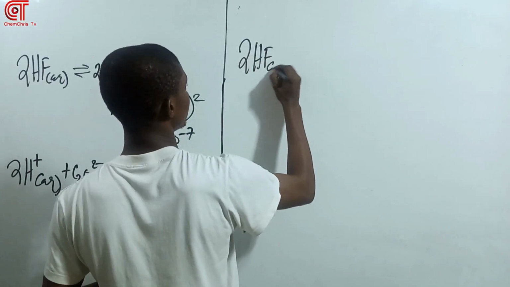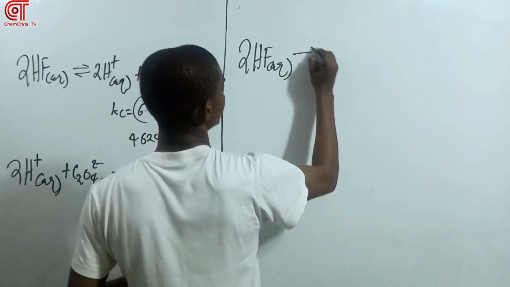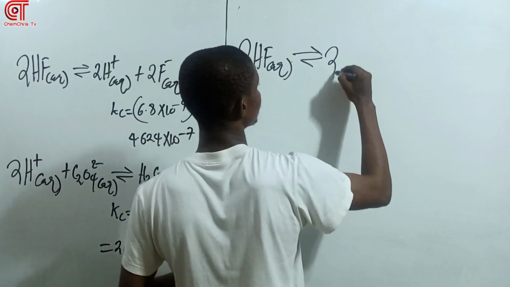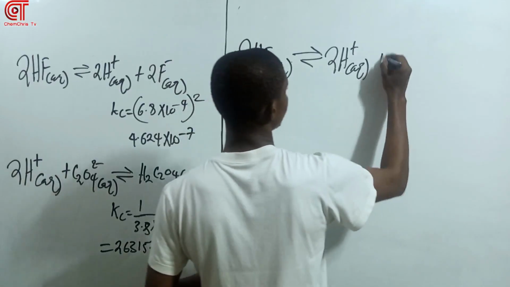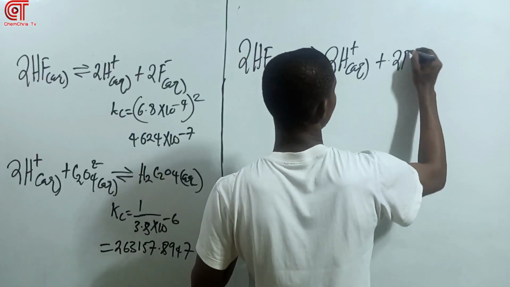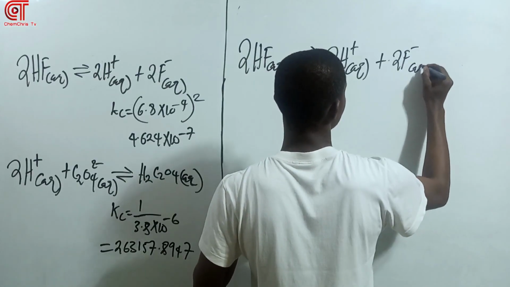2HF aqueous. Here we have 2H plus aqueous plus 2F minus aqueous.